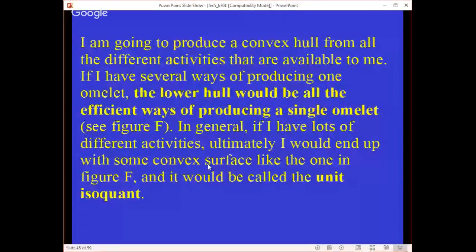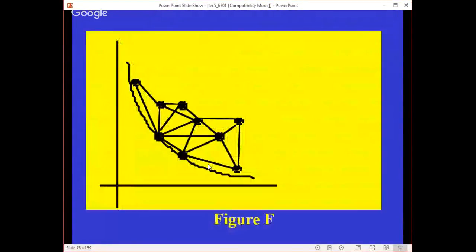We call it a unit isoquant simply because I'm producing one, right? But in general, it's just an isoquant. Well, I get this convex hull with Y1 and Y2. And like I said, it looks a lot like an indifference curve that we worked with in utility theory. But this is production. This gives me all the different combinations, the efficient combinations, to produce one omelet with my 2 inputs.